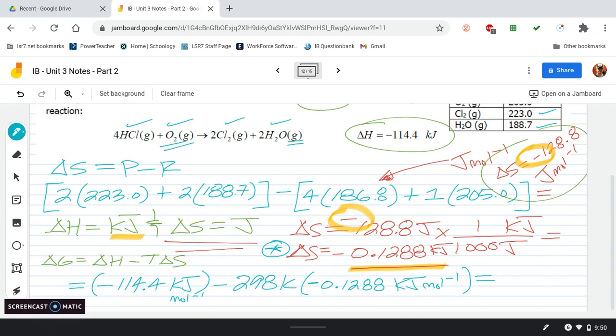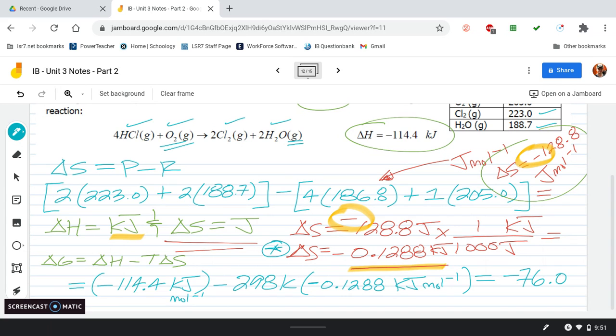We get our final answer of negative 76, and let's go, looks like 3 sig figs, 0.0.